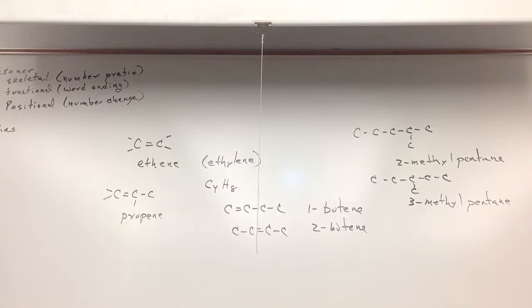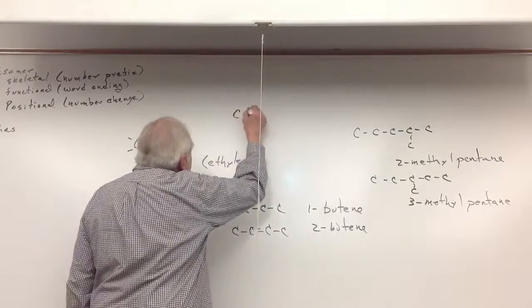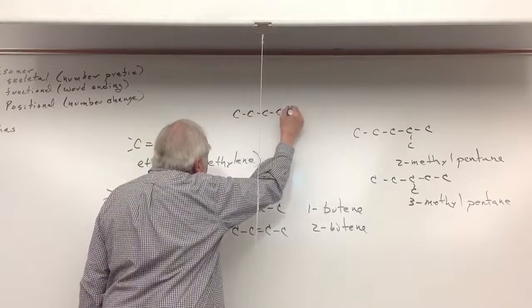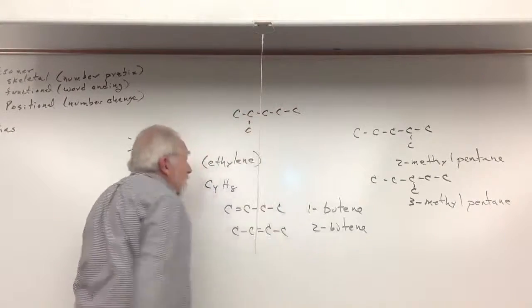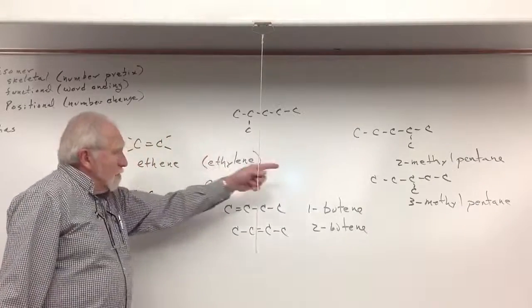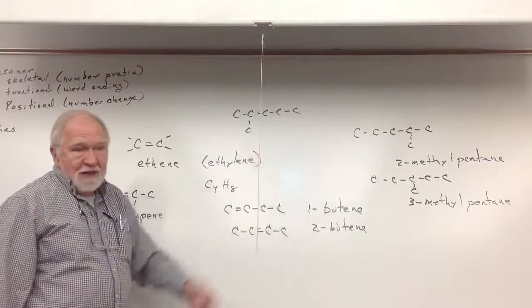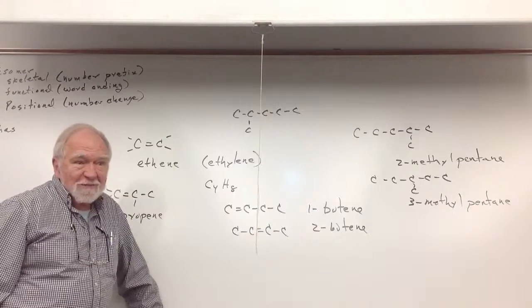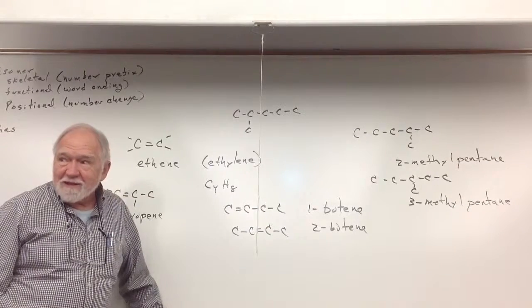One of the things is, if you name it correctly, you can determine whether you have an isomer or not. For instance, if you name this correctly, it's still 2-methylpentane, so it's the same name, so it's not an isomer, it's just the molecule drawn backwards.